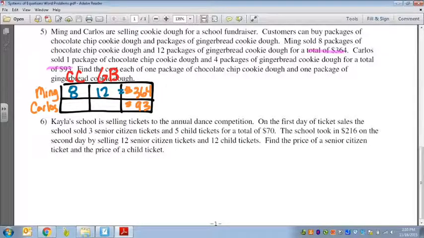Now, in the equation, what are we missing? We're missing the variables. Mr. Schwan likes to be cute, so for chocolate chip, he'll put C, and for gingerbread, he'll put G. So 8C plus 12G equals 364, right? Because that would be Ming's equation. Okay, for Carlos, he sold 1 package of chocolate chip cookie dough, and he sold 4 packages of gingerbread.